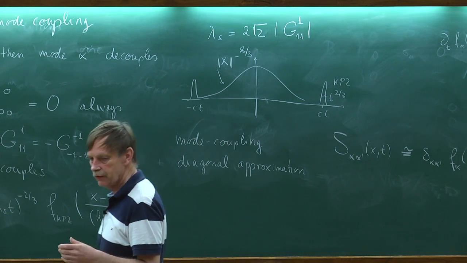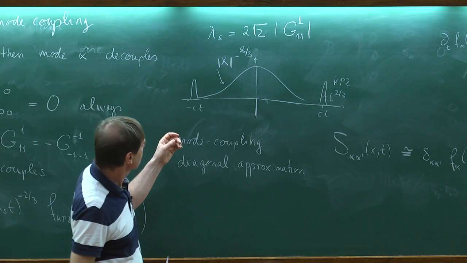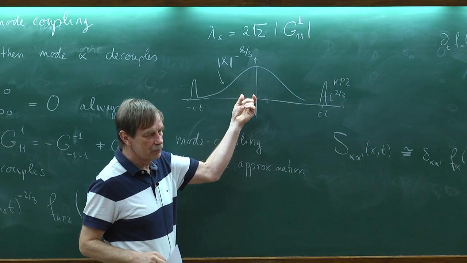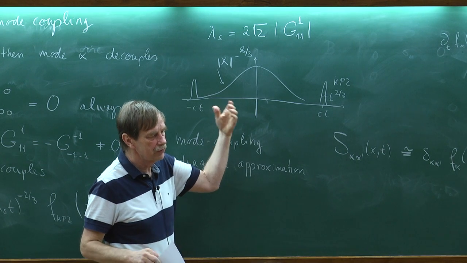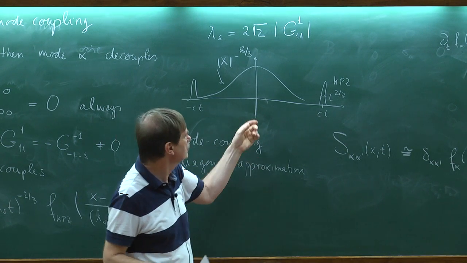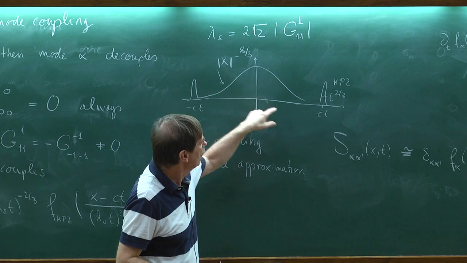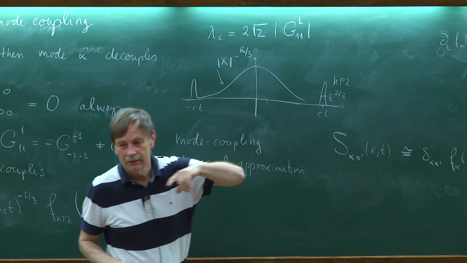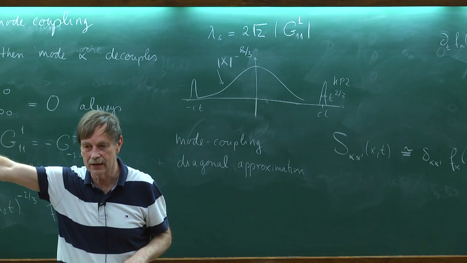So the mechanism for how you should think about this interaction is that, if this would come out to be a short-range function, then you could physically not understand what's going on, because this is sitting over here, and how possibly could this interact with a sound peak which is way on the other side?